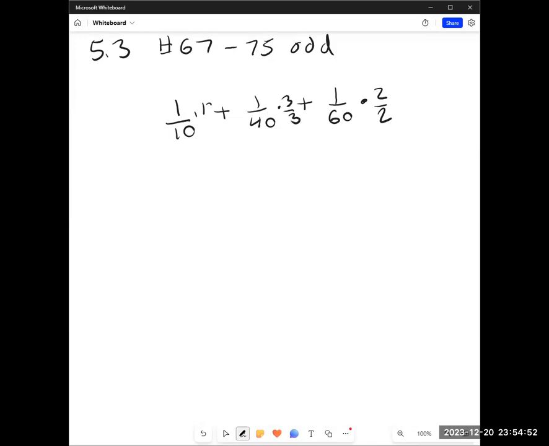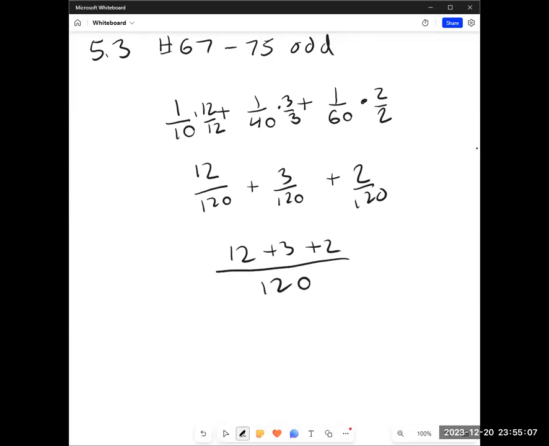This is going to be 12 over 12. So 12 over 120 plus 3 over 120 plus 2 over 120 is 12 plus 3 plus 2 over 120 is 17 over 120. And that's not going to reduce at all.